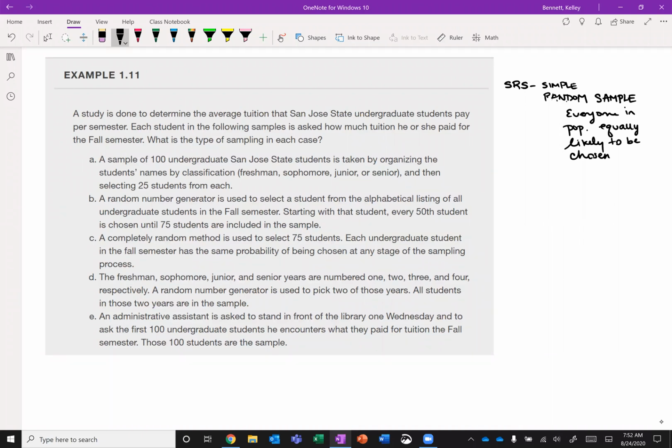And then we had our stratified. So this kind of, you do an SRS proportionally from each group.